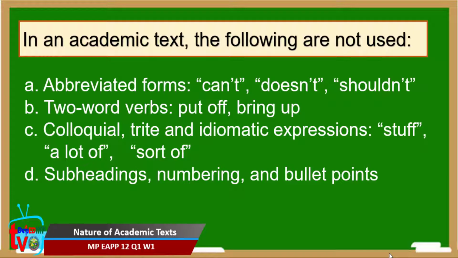Instead, use the formal structure of academic texts, so it has an introduction, body, and conclusion. And lastly, avoid asking questions. In formal writing, we do not ask questions, especially rhetorical questions, wherein the answer is obvious or the readers cannot answer.